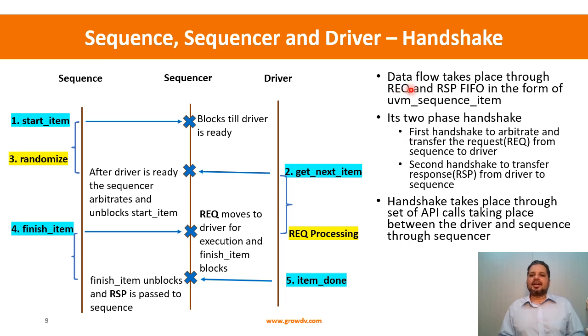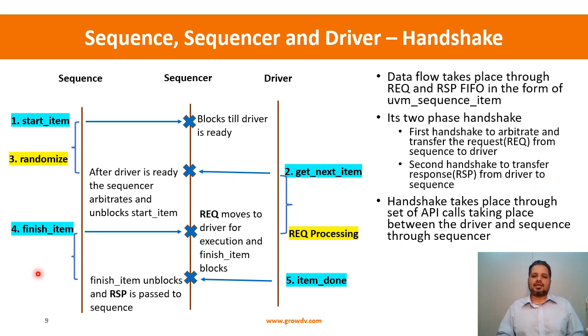The data flow takes place through the request and the response FIFO that we have already shown within the sequencer, in the form of UVM sequence items. And it's a two-phase handshake. The first phase is to arbitrate and transfer the request from the sequence to the driver, and the second phase is to transfer the response from the driver to the sequence.